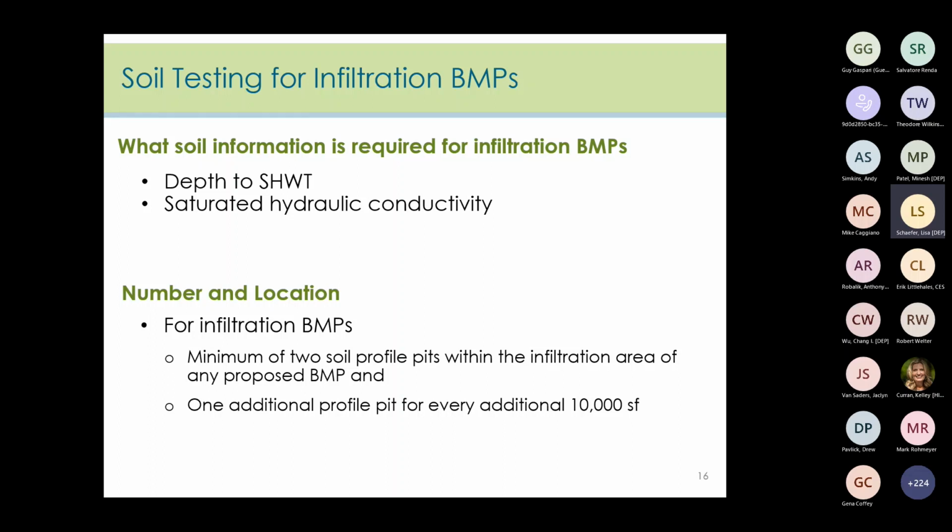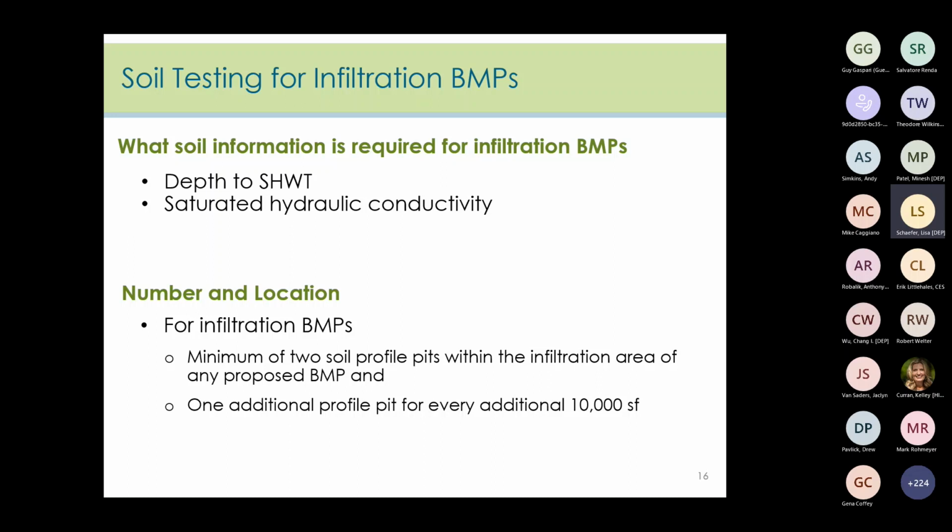Obviously, knowing where the seasonal high water table is located is essential, and a minimum of 2 soil profile pits must be excavated within the infiltration area of any proposed infiltration BMP to determine the elevation of the seasonal high water table and to test the hydraulic conductivity of the most restrictive horizon between the basin bottom and the seasonal high water table.